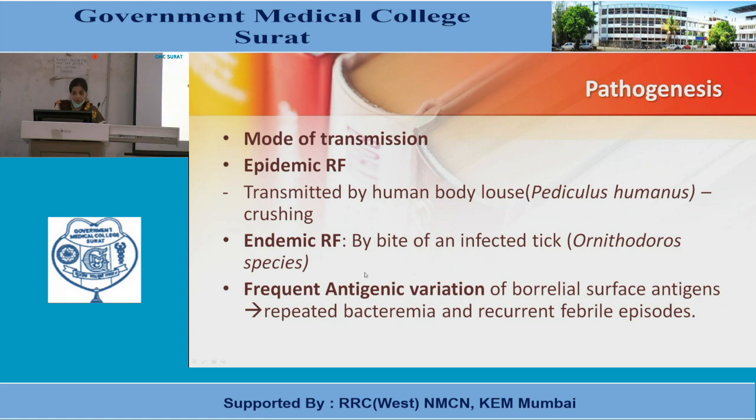Endemic relapsing fever is by the bite of the infected tick, an Ornithodoros species. Frequent antigenic variations can be seen in the Borrelia surface antigen, and repeated bacteremia and recurrent febrile episodes are seen.